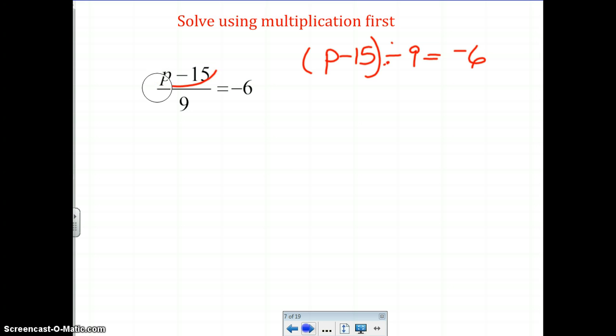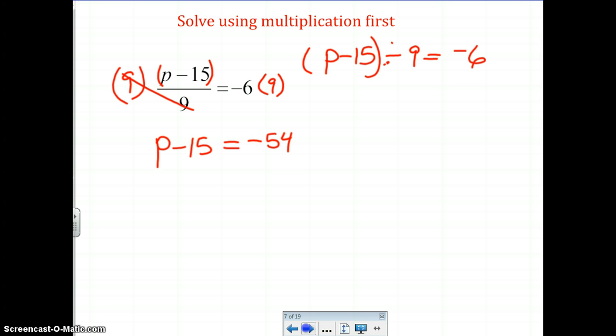As I'm looking to reverse the order of operations, I need to isolate. This is in brackets. I need to get that on its own. So if I multiply by 9 on both sides, that cancels, and now I am left with p minus 15 equals negative 6 times 9, which is negative 54.